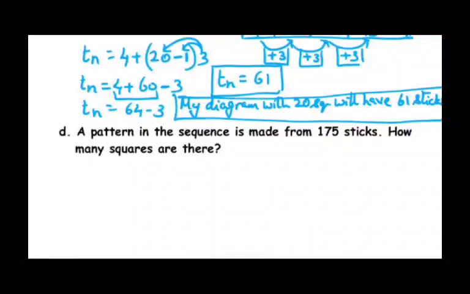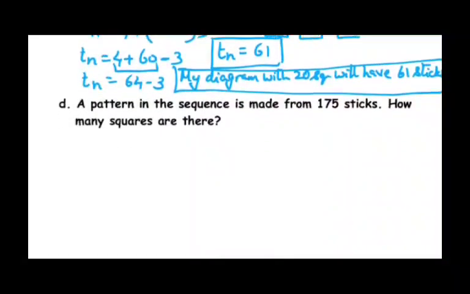Now, a pattern in the sequence is made from 175 sticks. How many squares are there? Same formula, Tn is equal to A plus N minus 1 D. Instead of Tn, I'm going to write 175.